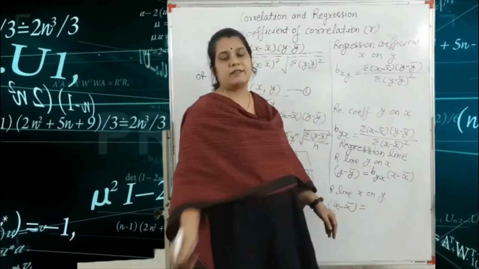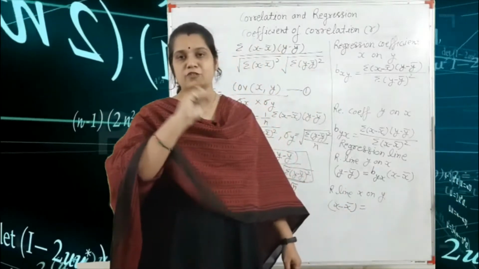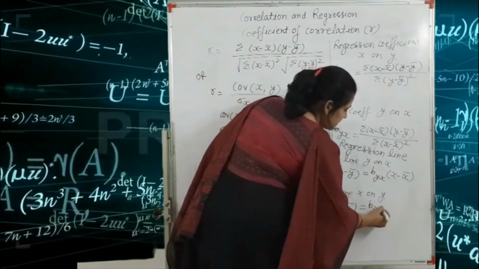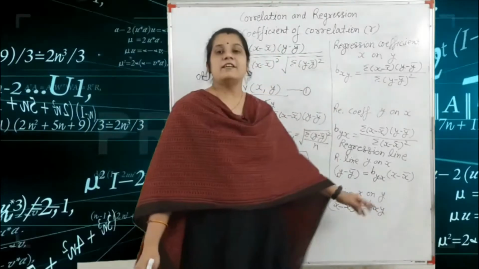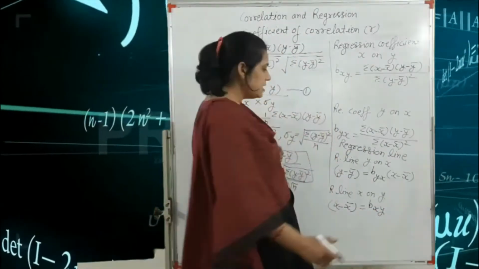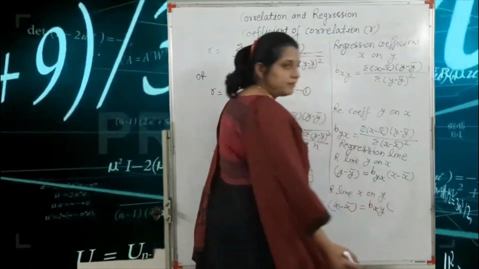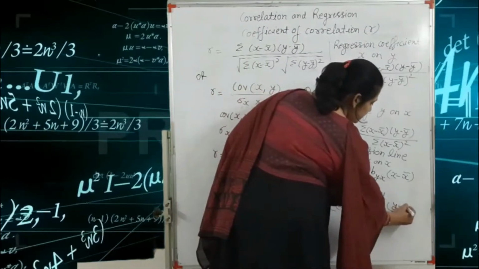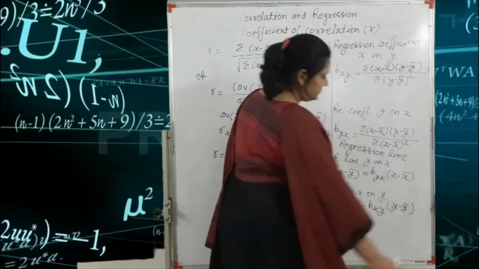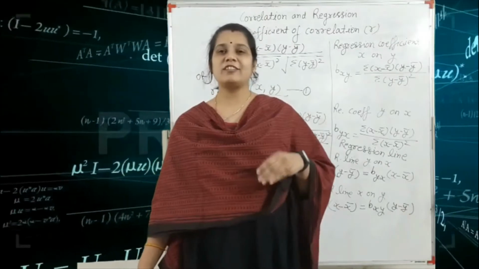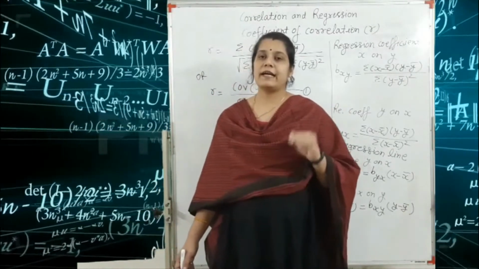For the regression line x on y, the formula has bxy, that means regression coefficient x on y. And the remaining variable is y, so y minus y bar.